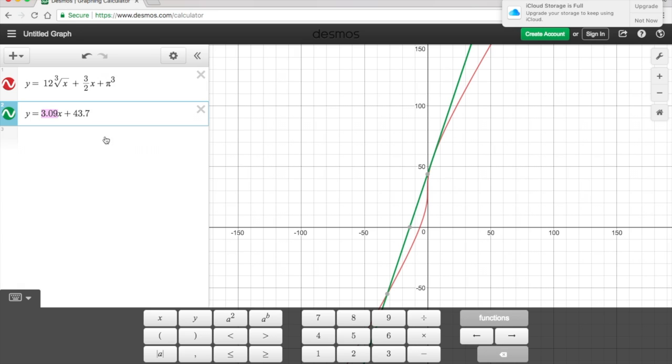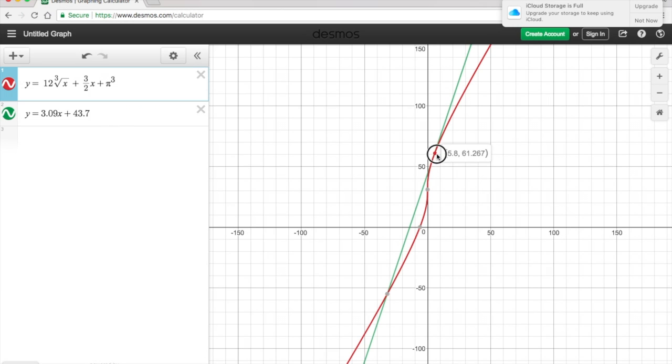So the equation is different, the graph will be different, the tangent line will be different, and the slope will be different. And we can find the exact slope and the exact equation of the tangent line at any point with the derivative of the original equation.